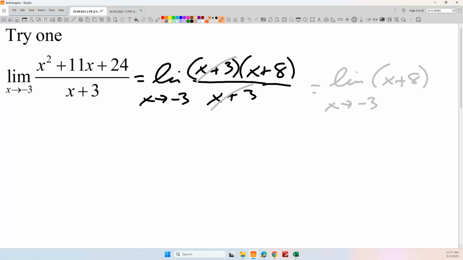But we can probably show that just by canceling those factors. So the next step that you would show then would be 5. You have to have that limit notation there though, because you haven't taken the limit yet. Okay? That makes sense. There's a big difference too, right? Limits are about approaching, expressions are about evaluating. Different. Okay?